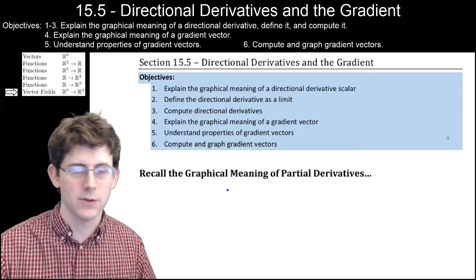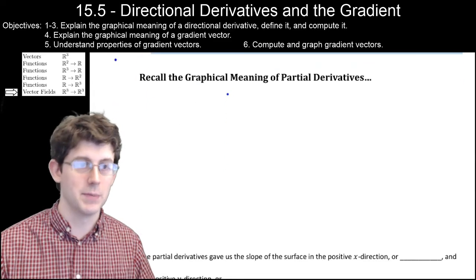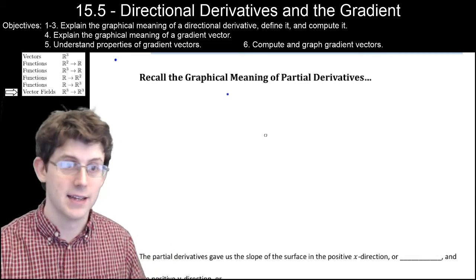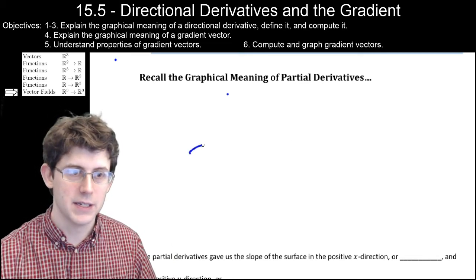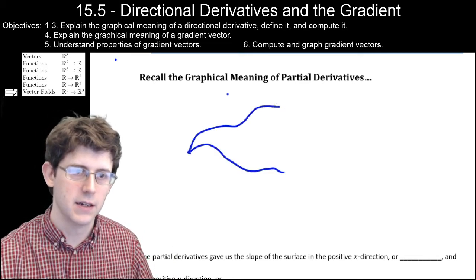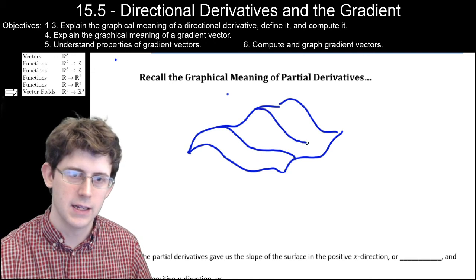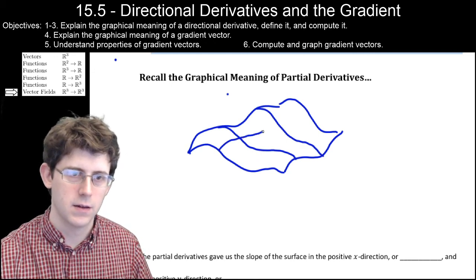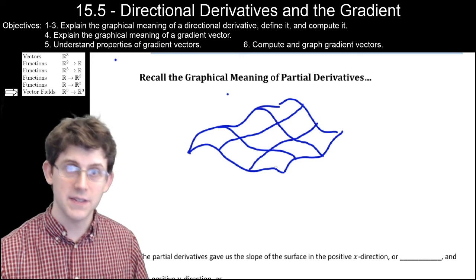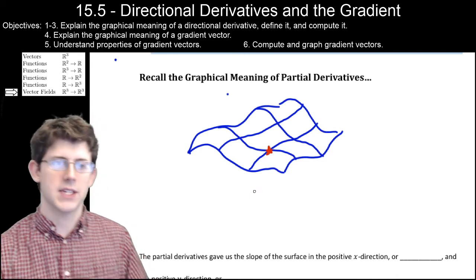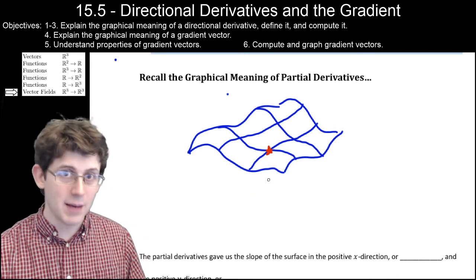Cool. So first, let's get a nice picture of what partial derivatives were. Directional derivatives are supposed to be an extension of that. So the idea of a partial derivative was you've got some surface. I don't know, it looks like this maybe. You pick a point on the surface, and you say, well, what's the slope at that point?